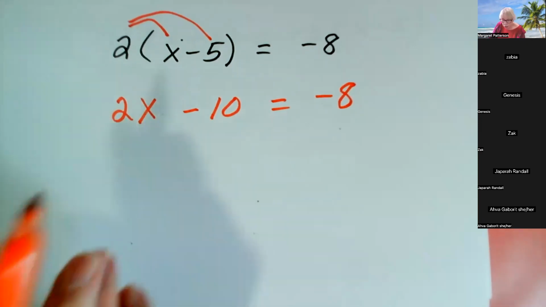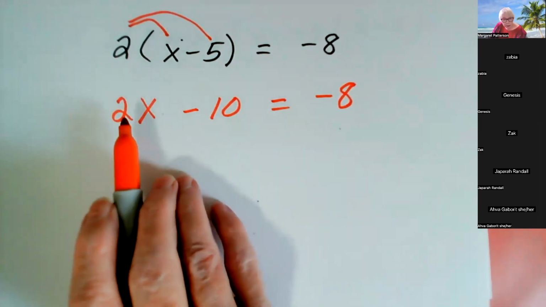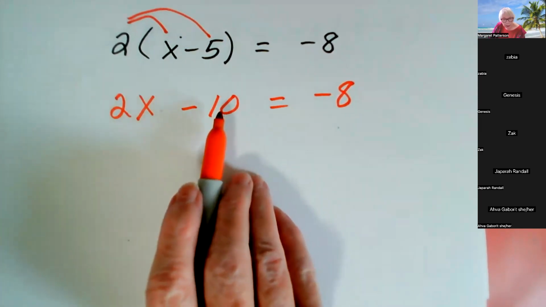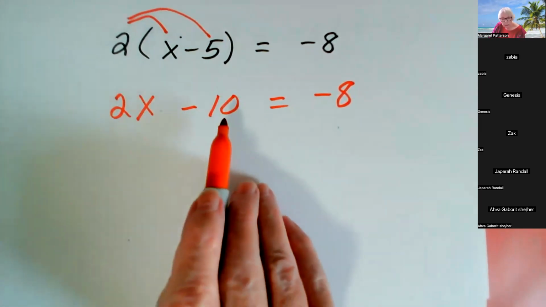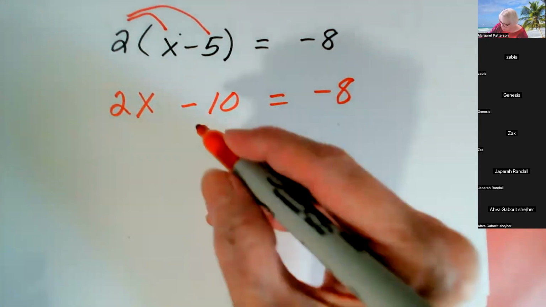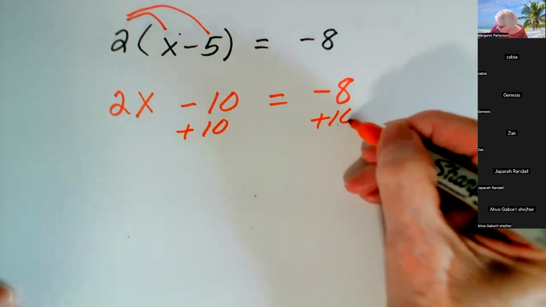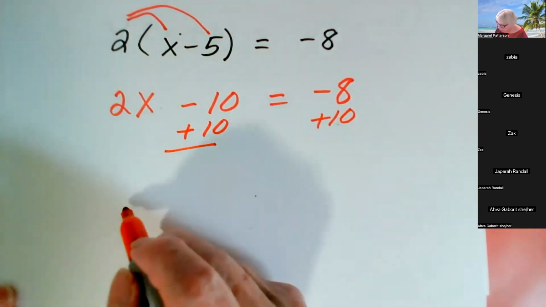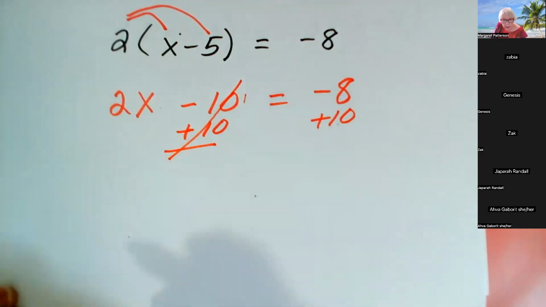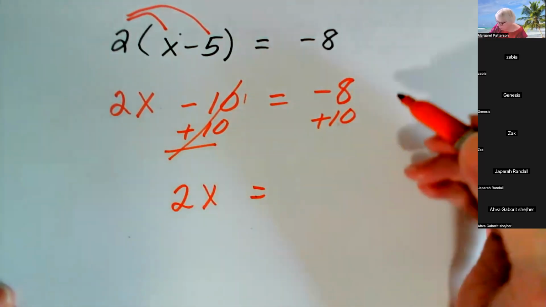This is a lovely two-step problem. I've got the 2 and the -10 to get rid of. Remember, I want to get rid of the single number first. And so I want to add 10 and add 10. So the plus minus 10 is 0, and what's left is 2x, okay?